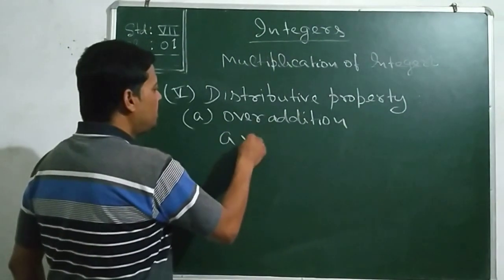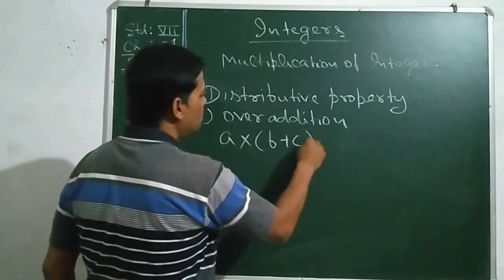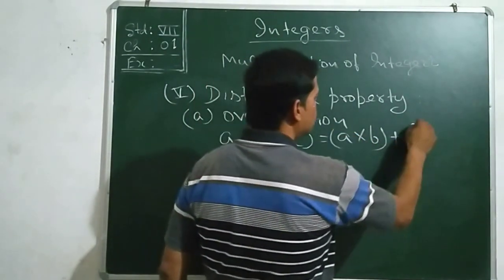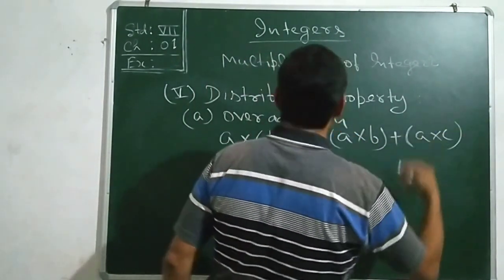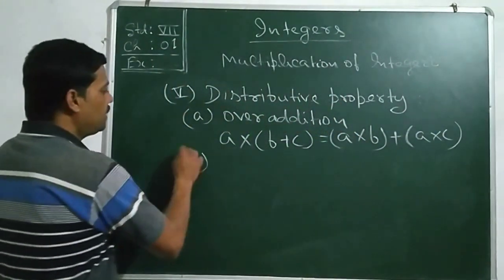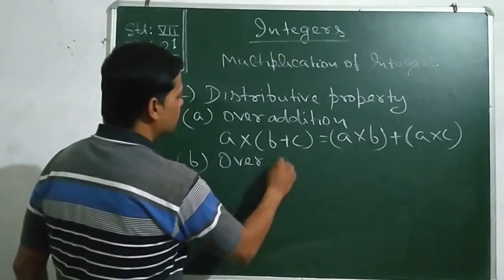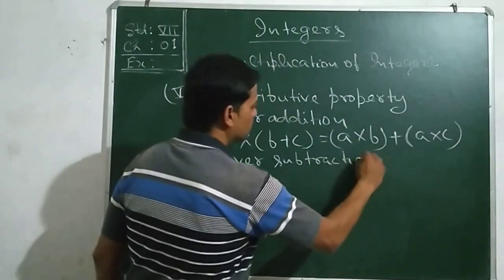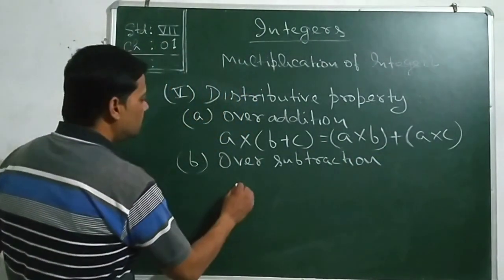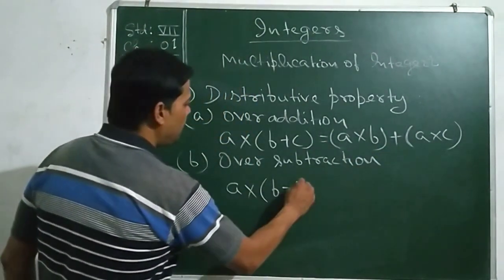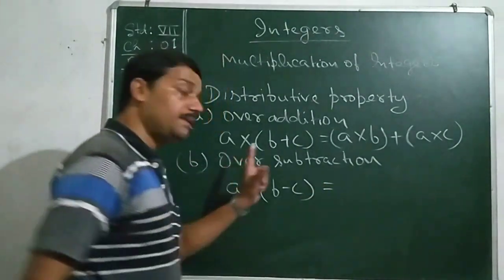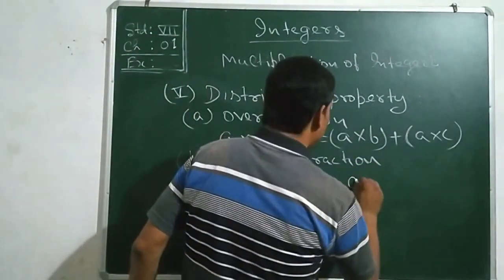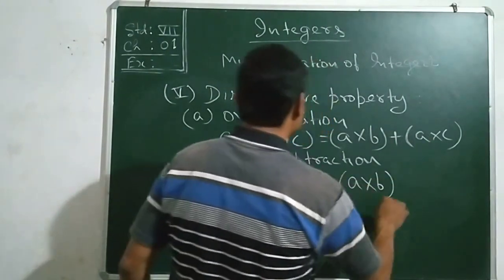That is, a into (b plus c) will be equal to a into b plus a into c, and the second is over subtraction. A into (b minus c), where a, b and c are all integers, equals a into b minus a into c.